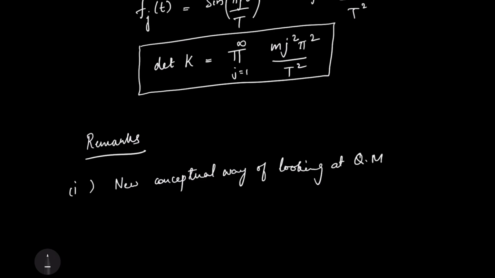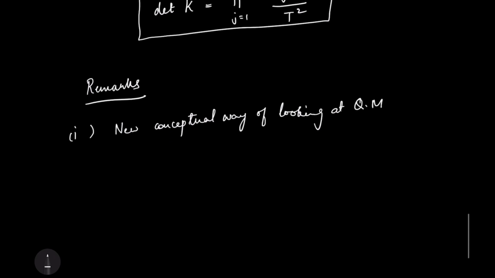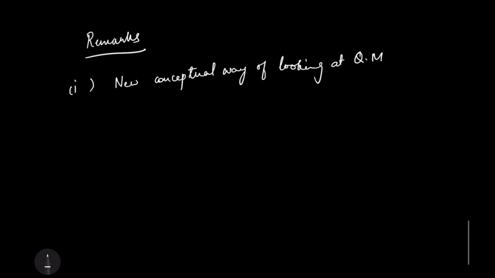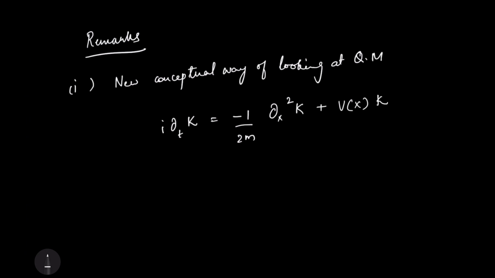Also, the wave function that is computed through the kernel K will satisfy the Schrodinger equation. So I can write this is equal to minus 1 by 2m del x squared K plus V of x K.